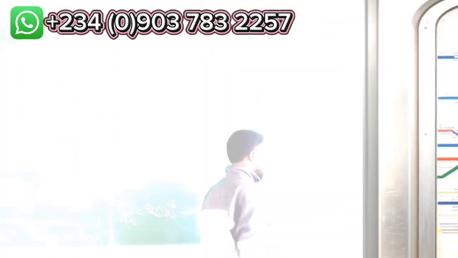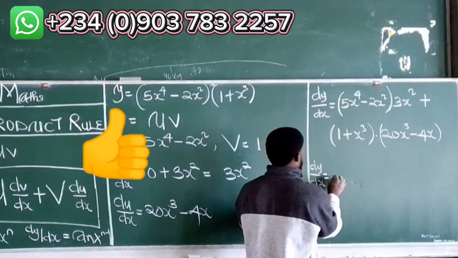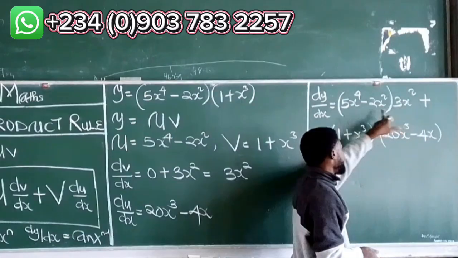So dy over dx, we multiply this by this.